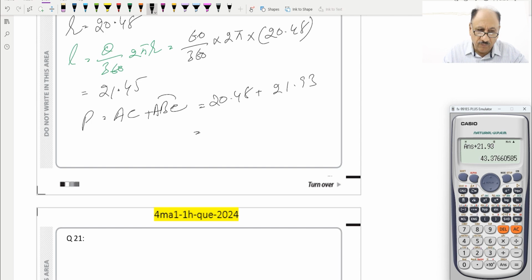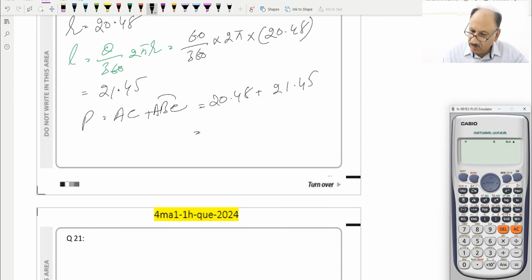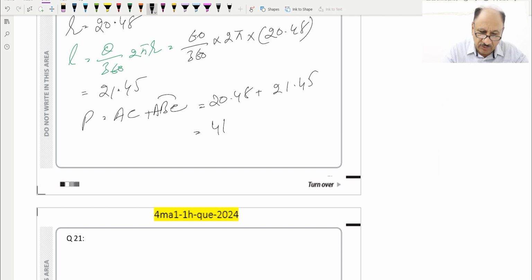It's 20.48 and 21.45, not 93. This is 45. So we can recalculate this. 20.48 plus 21.45 is equal to 41.93, up to 3 significant figures, but the answer we can write is 41.9. This is the final answer. This is in centimeters, and this is for 4 marks, which we have done.